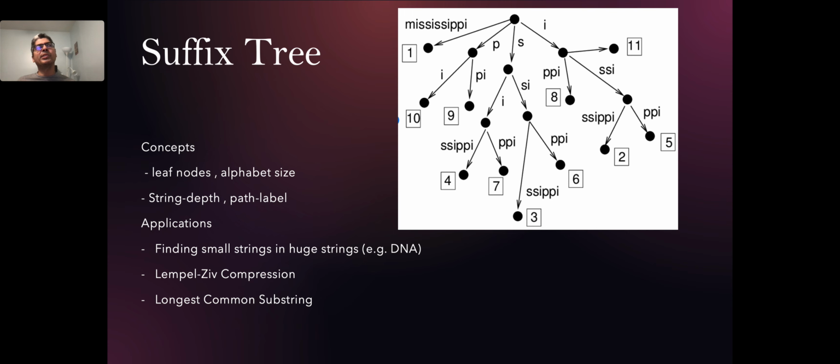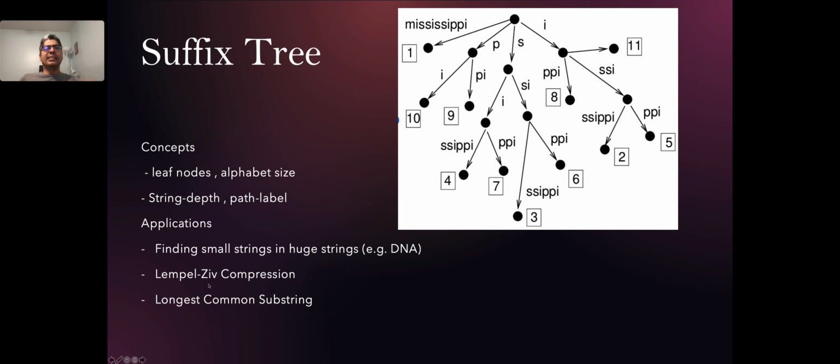Finding a small string in a huge string can be done, because once the suffix tree is built, assuming it was built prior, you find small strings in time proportional to the size of the small string, not to the huge string you have. So this is one of the applications.